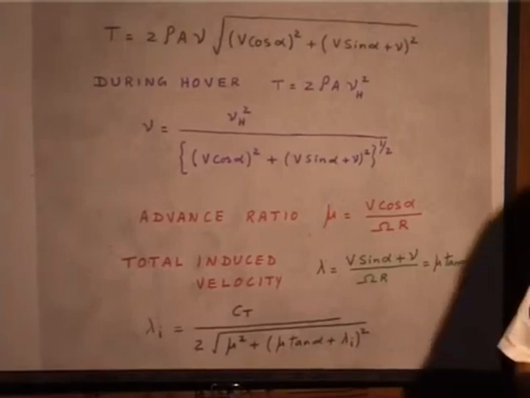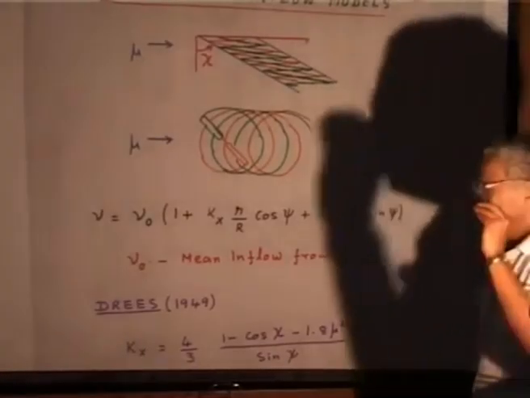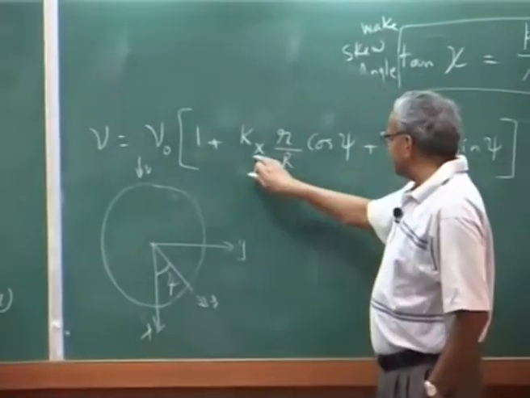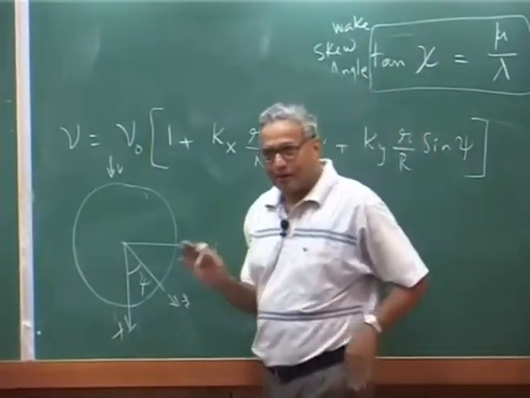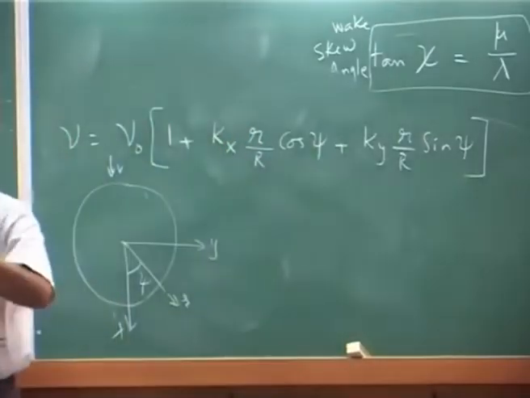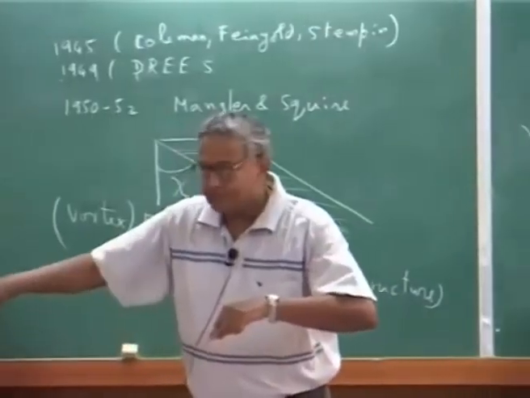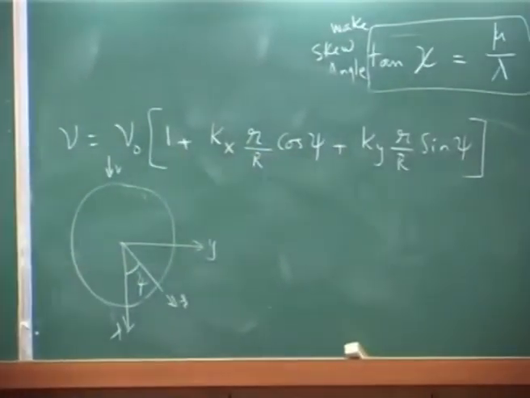Is it clear? Because you assume there is a uniform inflow, which you get from momentum theory. This is what I obtained. These two quantities kx, ky represent essentially the variation with respect to r and psi.